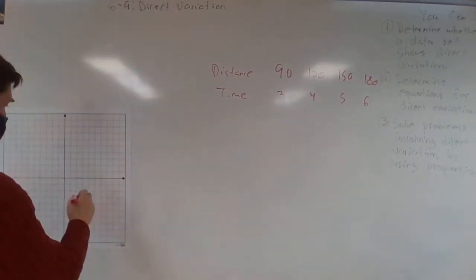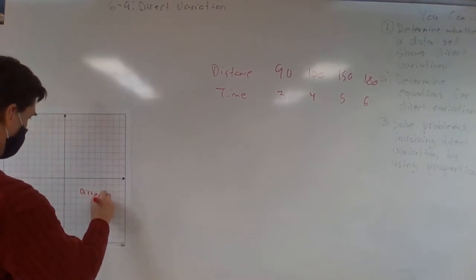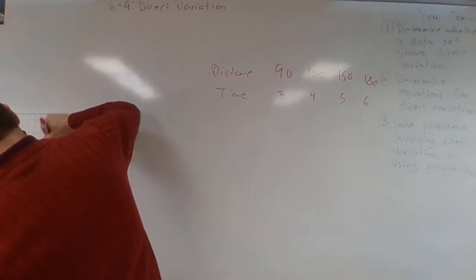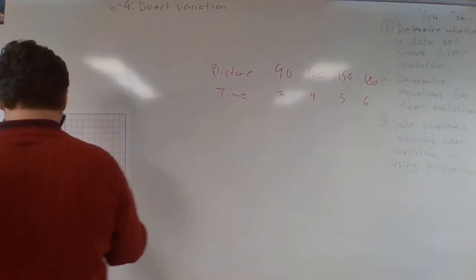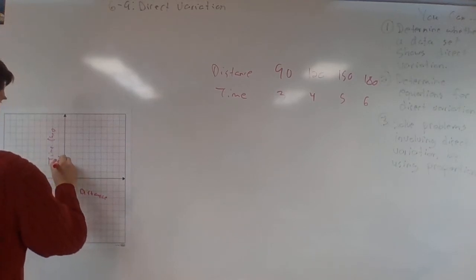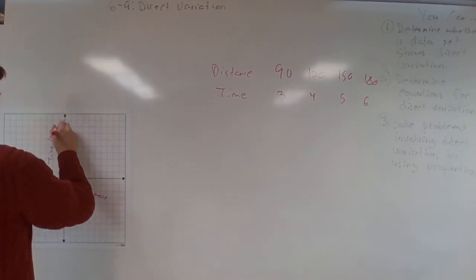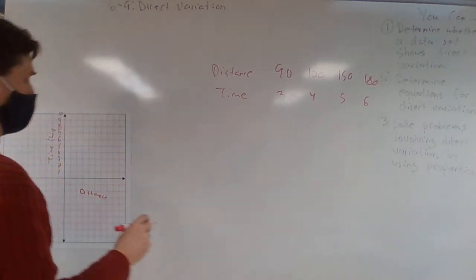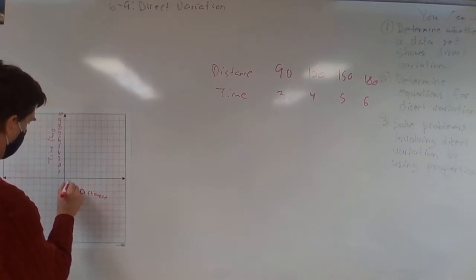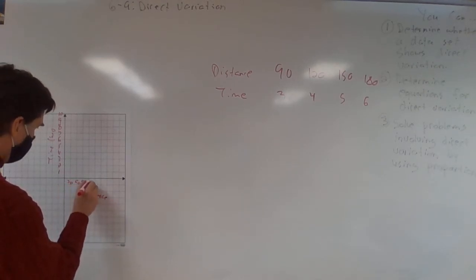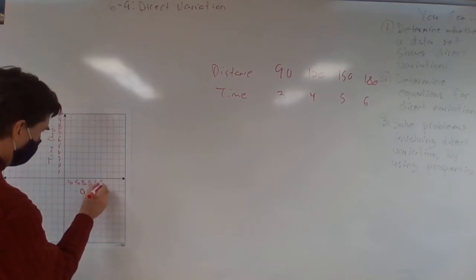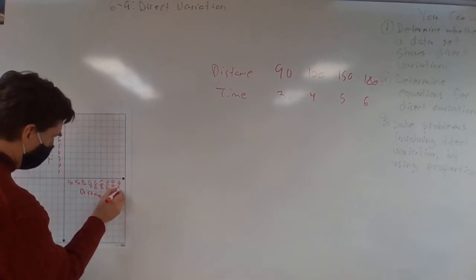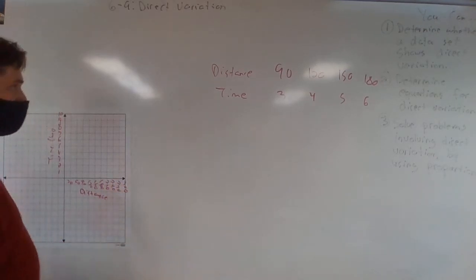So distance, I'll put that here, and time in hours. So we'll say 1 hour, 2, 3, 4, 5, 6, 7, 8, 9, 10 hours. And distance, I'll just put in increments of 30: 30, 60, 90, 120, 150, 180, 210, 240, 270, 300.